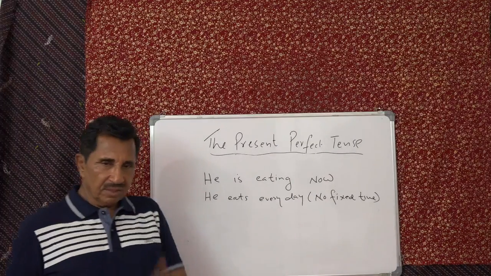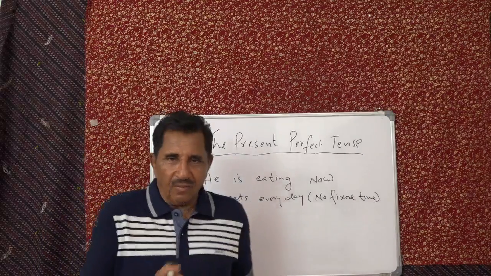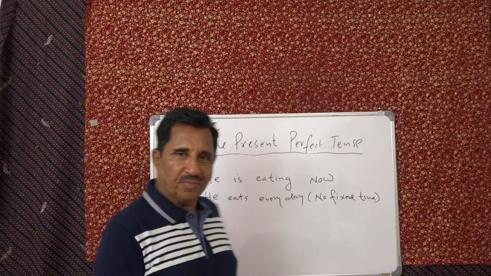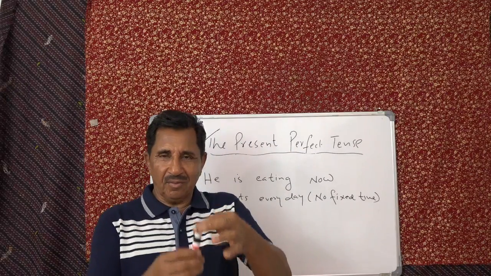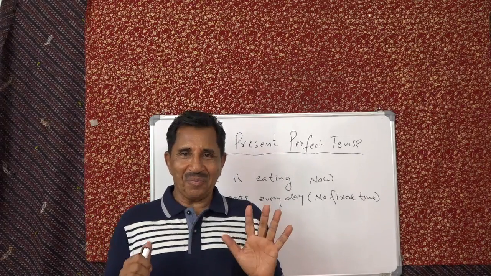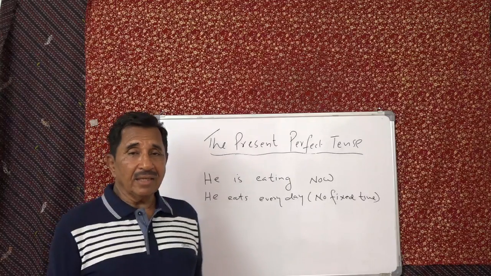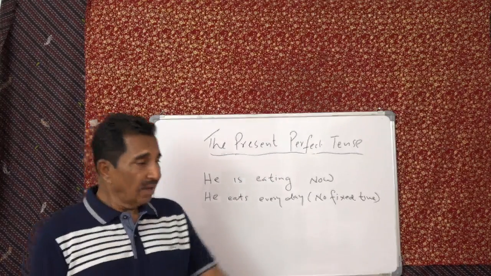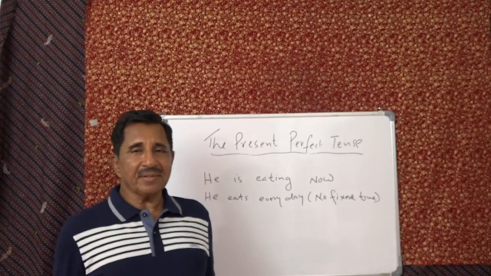Present continuous: he is eating now. I am running now. I am walking now. I am opening this pen now. I am smiling now. What is that? I smile. It may not be now, after some day, or that's my habit.